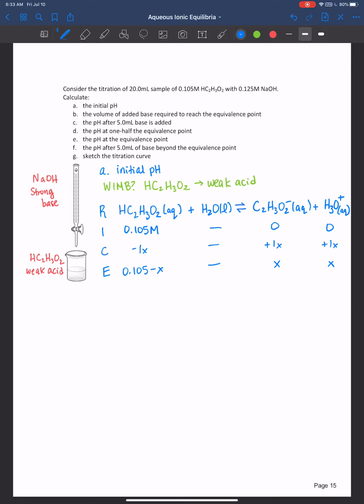Because you're working with a weak acid equilibrium, we need to use the Ka expression to help us solve for x, because our goal is to find the pH of the solution. We can find the pH from the hydronium ion concentration at equilibrium. So in this case, we're solving for x.